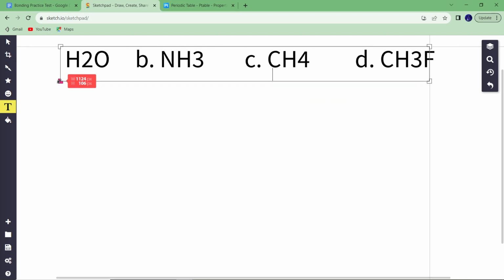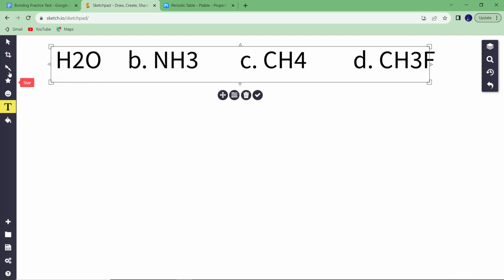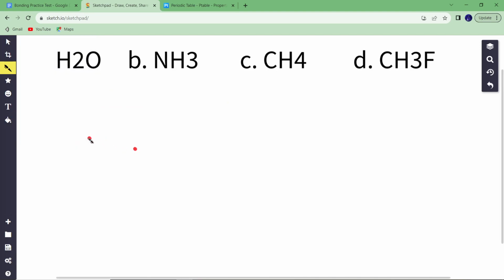So we know that A is H2O, and H2O is going to be one of these molecules. Each H gives us 1 electron. Each O gives us 6, which means that we're going to have a total of 8 electrons we have to draw. We've used 1, 2, 3, 4 in the bonds, which means that we have these lone pairs right here.